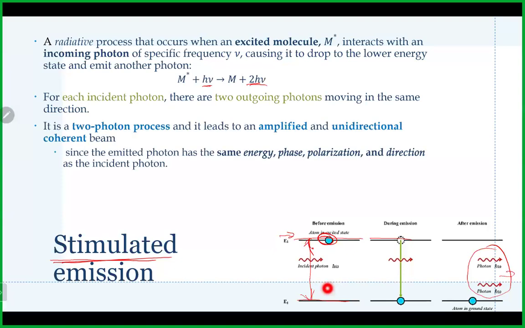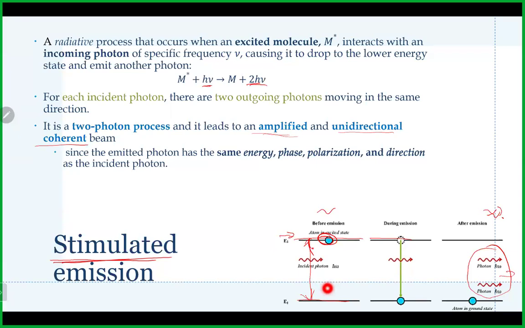Thus, we say it is a two photon process. Since you're coming in as one and going out as two, there has been amplification. So we say it is a two photon process that leads to an amplified unidirectional coherent beam, meaning that the photon that's coming in has a direction it is coming from.